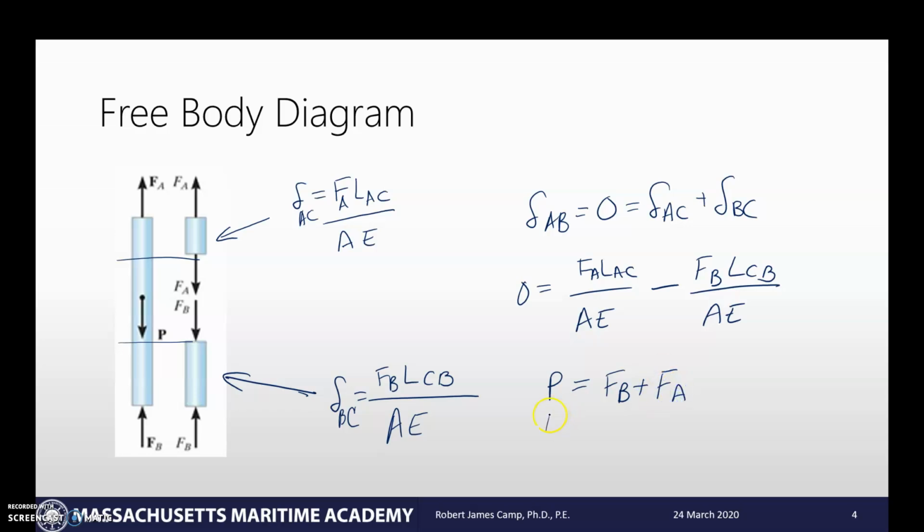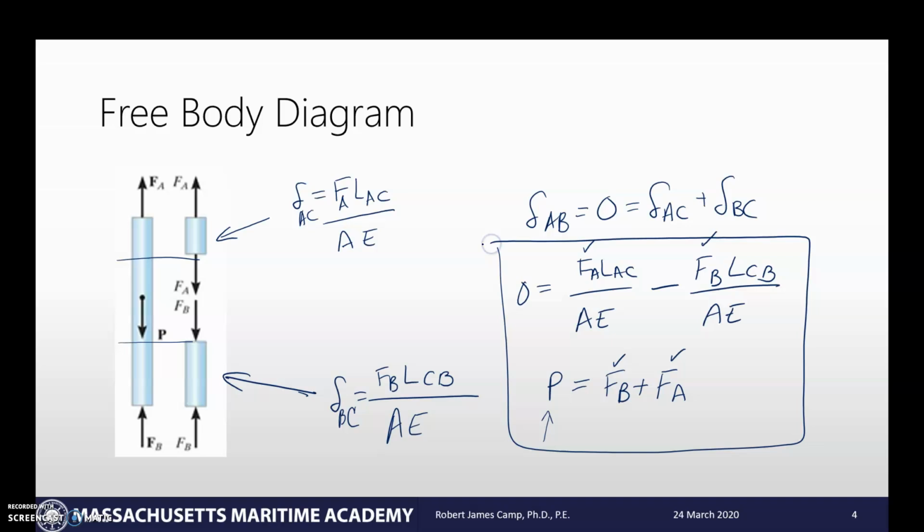Once again, since we typically know P in the problem, I have two equations and two unknowns in FA and FB. You can solve it with any of your favorite simultaneous solving methods. Typically, just rewrite this as FB equal to P minus FA, and then plug that back into your other equation.